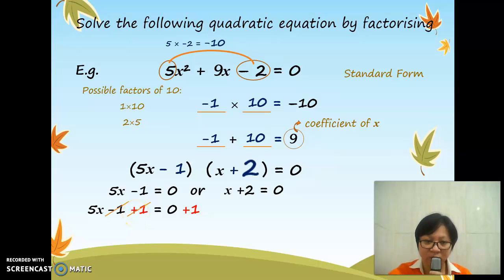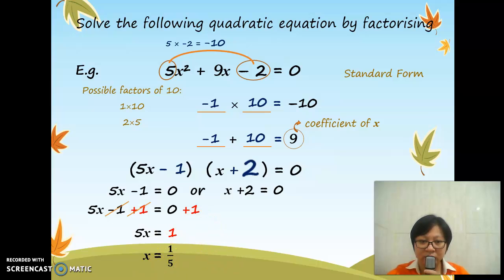If I put plus 1 on the left side, I need to put plus 1 on the right side. So 5x equals 1. And then I divide the left side by 5. So I need to divide the right side by 5 too. So I get x equals 1/5.